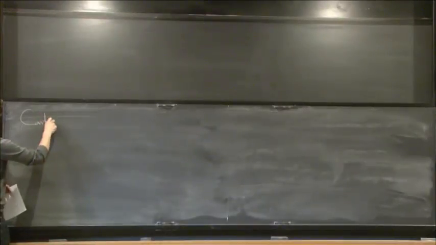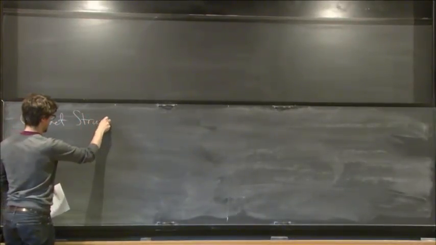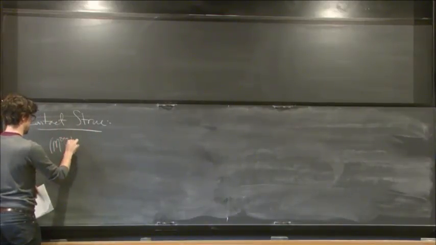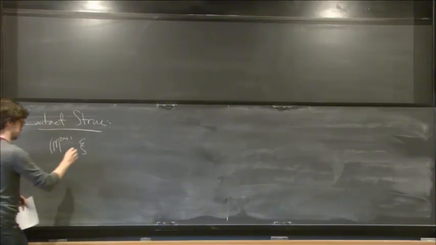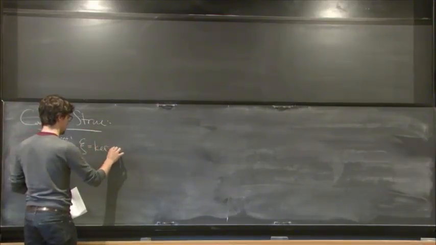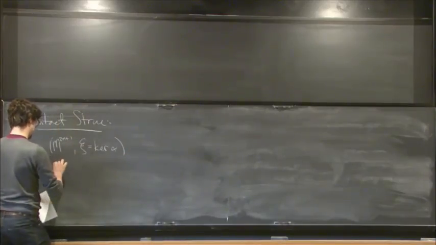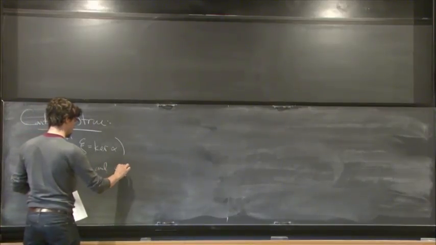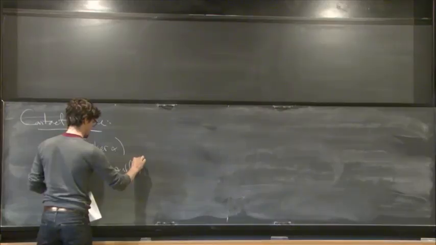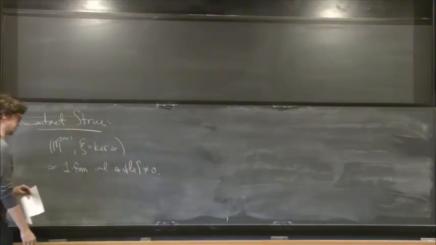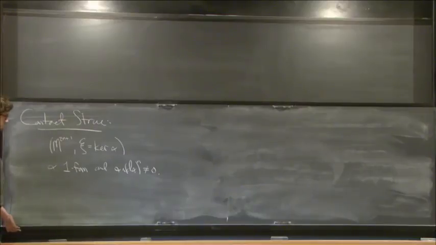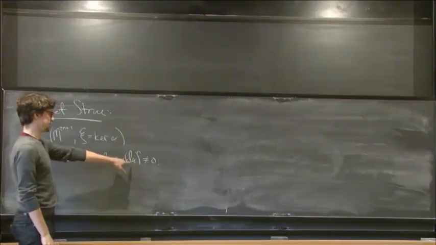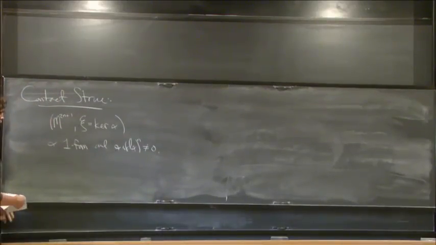So a contact structure: you have an odd dimensional manifold, and you have a hyperplane distribution given as the kernel of a one form, where alpha is a one form, and you have this relation, which you can interpret as meaning that this distribution is maximally non-integral, where integral would be if alpha wedge d alpha was identically equal to 0.